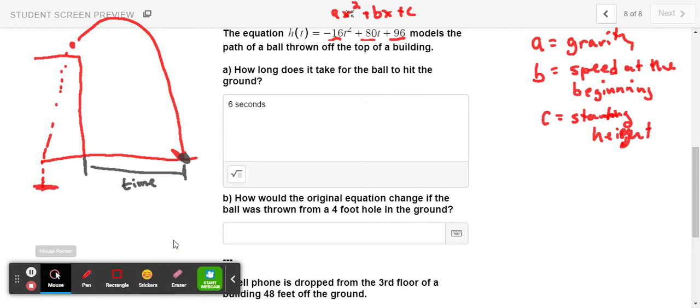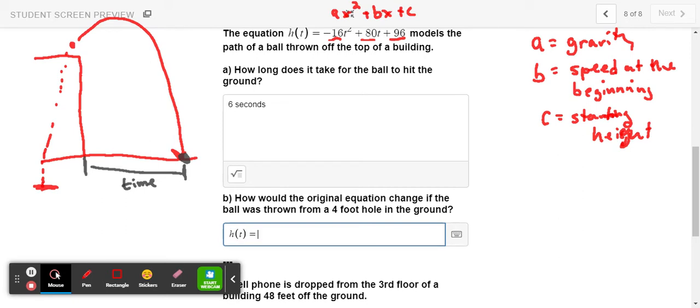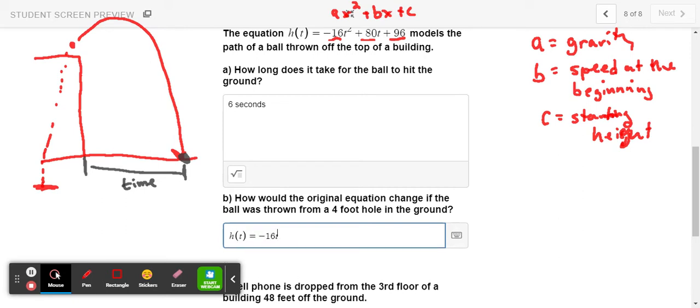So the equation would change because the c value would become negative 4. So h of t equals negative 16t squared plus 80t minus 4 for your c value because it's 4 feet underground.